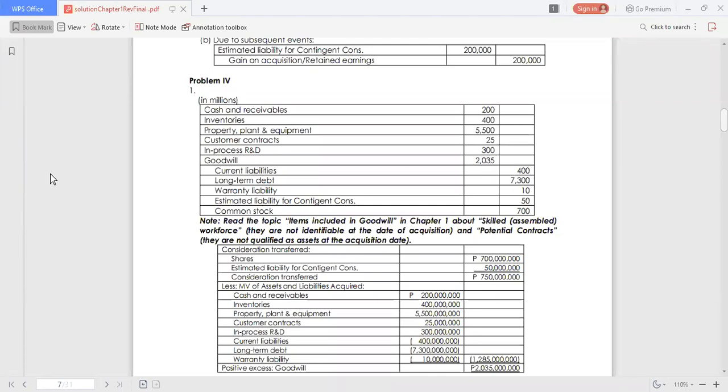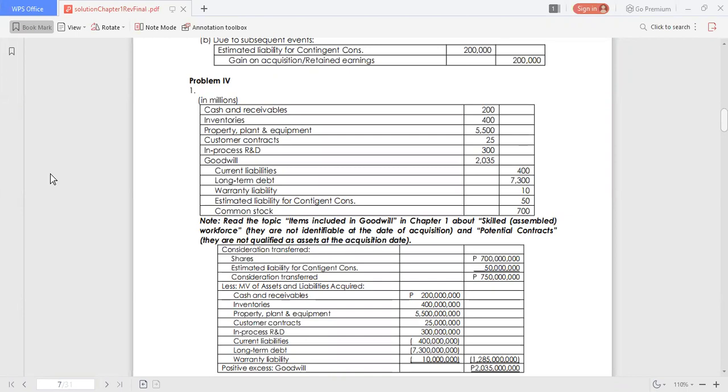It's determined that the property was actually worth 1.5 million less than previously estimated. Make the entry to record this new information. So we now begin with problem number 4.